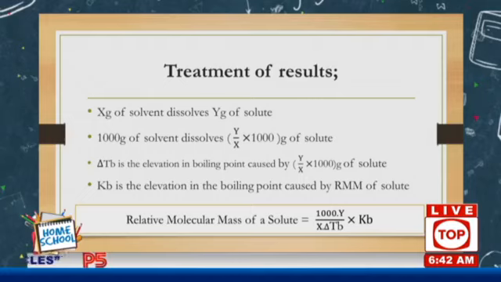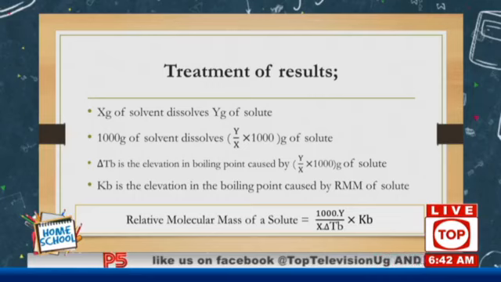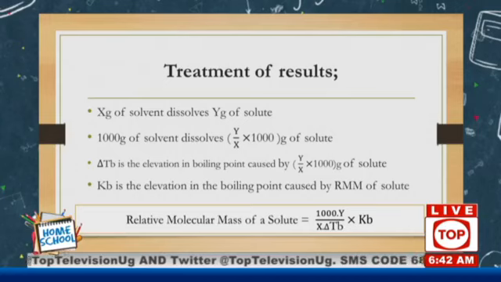How do you move from there to the final conclusion? Okay? What you do, you cross multiply there: KB with Y over X times 1,000. I think we should do that here.